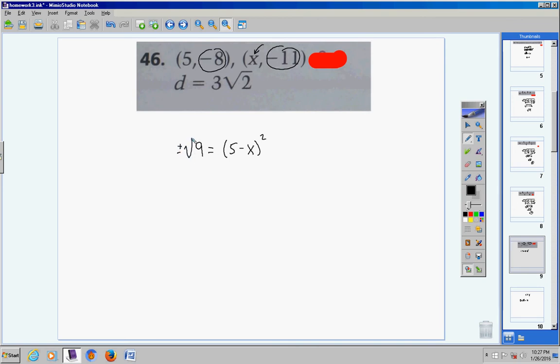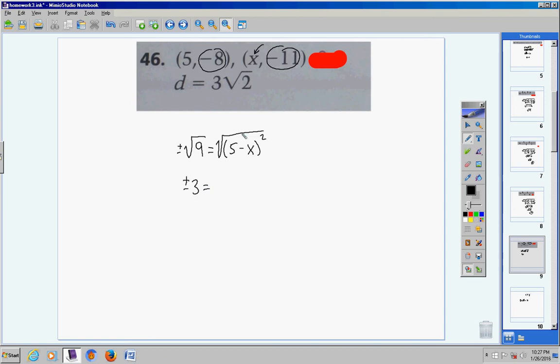Wait, Mr. Earhart, you don't put plus minus, we're dealing with distance. Now hold on a second. Distance has to be positive, yes, you're right. But we're not solving for distance, we're solving for x. And x can be positive or negative. So you do need the plus minus. Take the square root of one side, take the square root of the other side. Now the square root of 9 is 3.